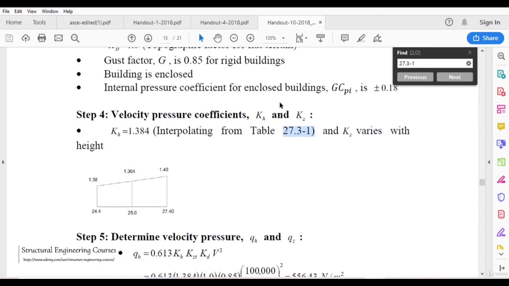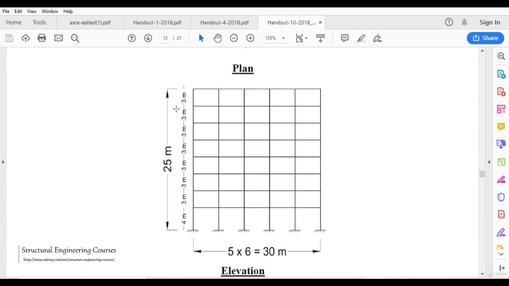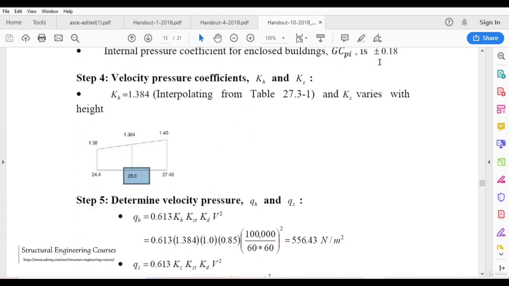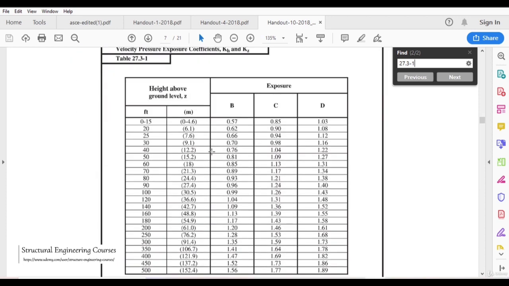If we see the table here, it is saying 24.4, 27.4 and 25. So he had finally taken 25 and 1.384. Why he had taken 25 loading value? Because the height of the building is 25 meters. But why interpolation is required, that we shall see in the table. Here we can see that he had not given any particular value for this 25 meter value.